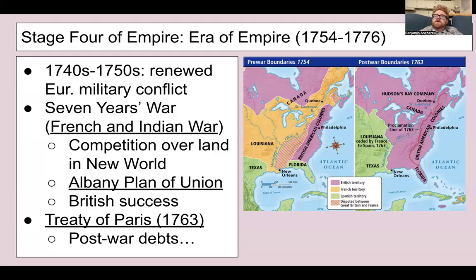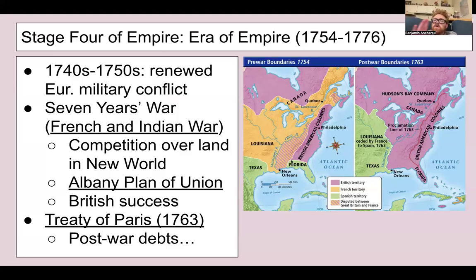Partially, what causes the Seven Years' War is competition over territory in Africa, Europe, Asia, and the Americas as well. This is predominantly going to be expressed in the colonial competition between the French and the English. The English and the French historically are enemies of each other. And in terms of competing for land, they oftentimes did, especially in the Mississippi, Ohio River Valley area.